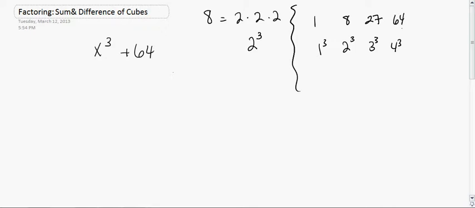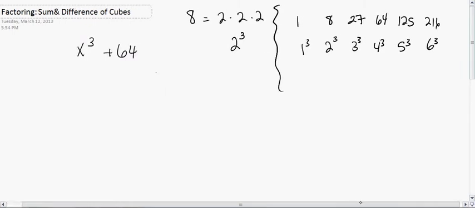64 is also a perfect square, right? So I could take the square root of 64 and get 8. But in this case, we're thinking about it as a cube. 5 cubed is 125. 5 times 5 is 25, times another 5 is 125. 6 cubed, 6 times 6 times 6 is 216.